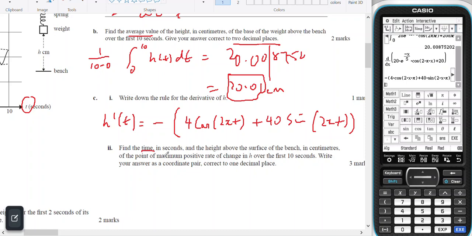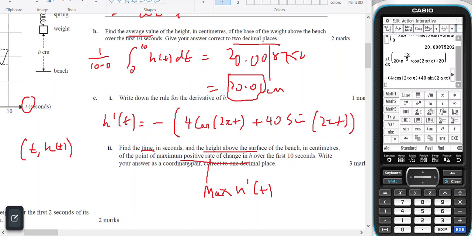Find the time in seconds and the height of the surface. So I want t and h of t. Find the point of the maximum positive rate of change. So I want the maximum h dash of t over the first 10 seconds. Write your answer as a coordinate pair.